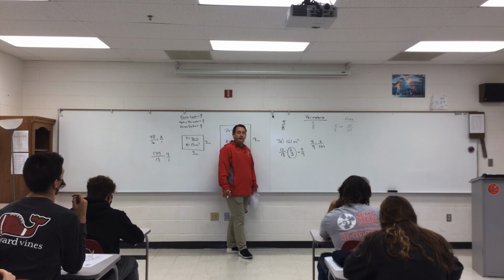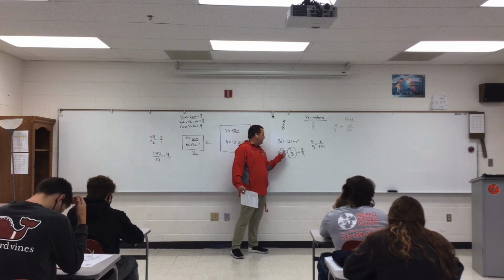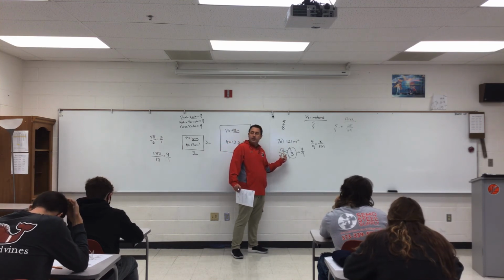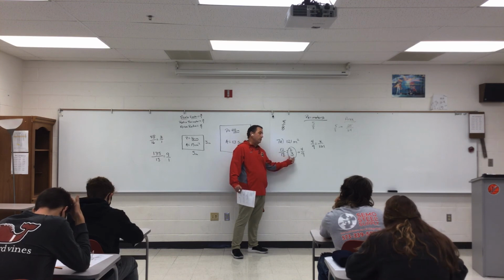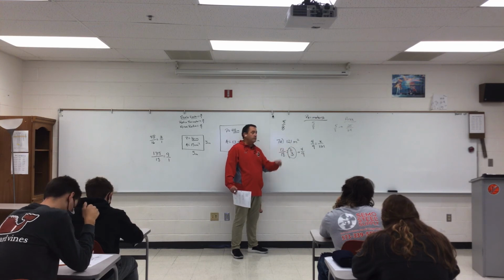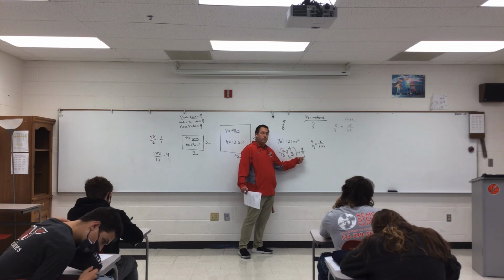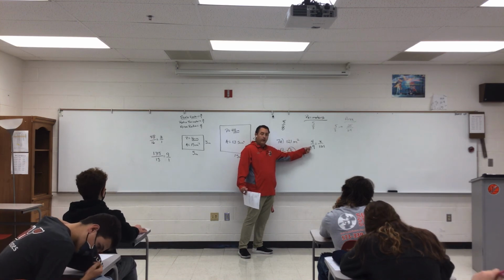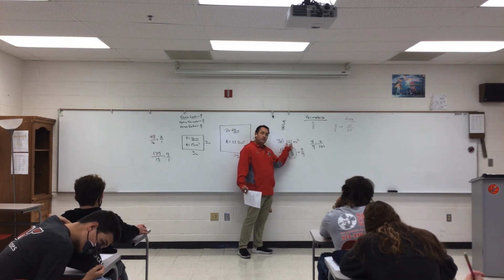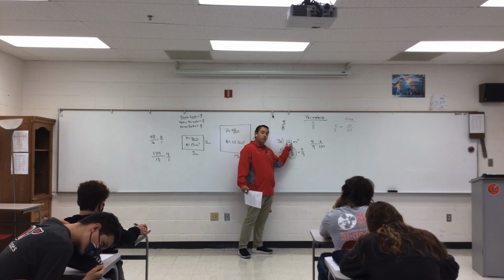So here's what we did as a recap. We put the 12 and 18 together. That's the two sides they gave us to get 2/3. That's the scale factor, the ratio between two sides. We must square that to find the ratio of the areas. Since we know the ratio of the areas to be 4 over 9, wherever this one is, it's 121 meters squared for the bigger one.